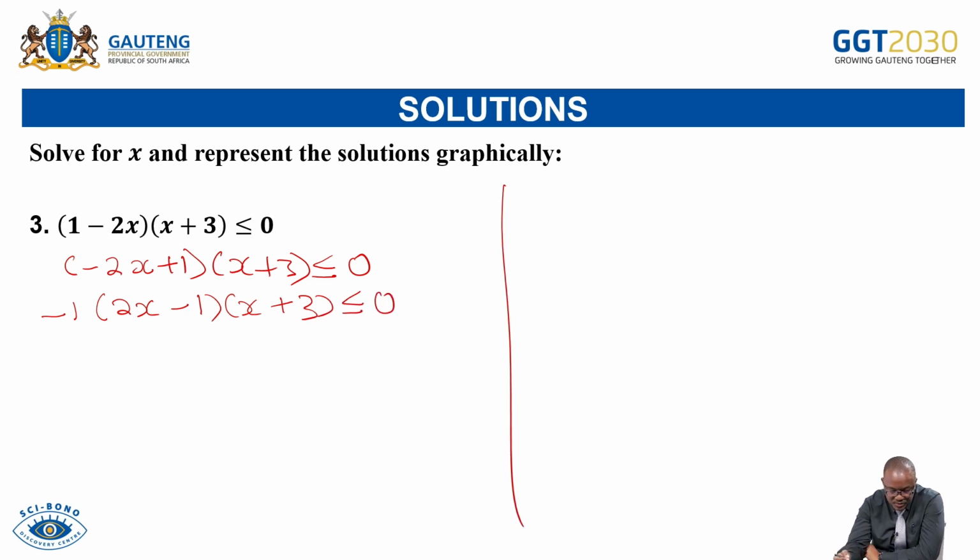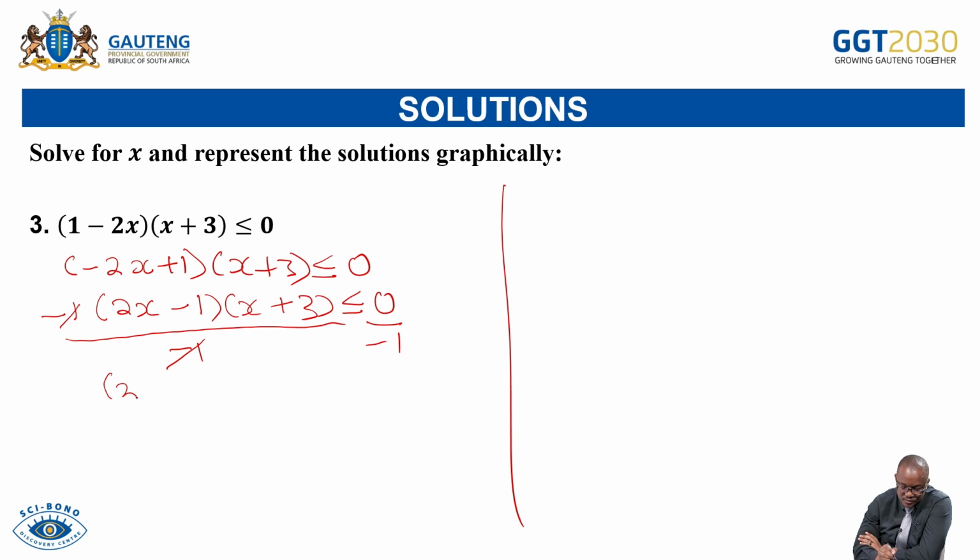Then in this case, you can see that I can divide by negative 1. Then negative 1 divided by negative 1, then you have 2x minus 1, then x plus 3 greater or equal to 0.